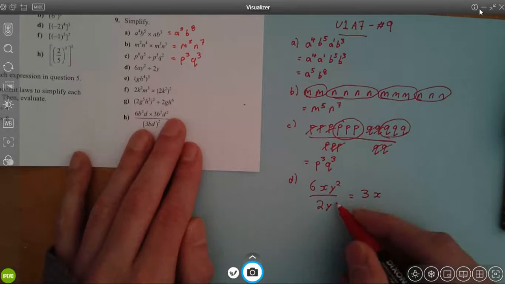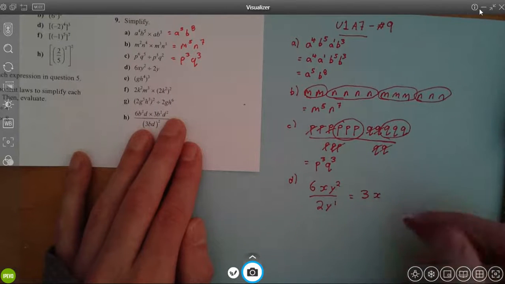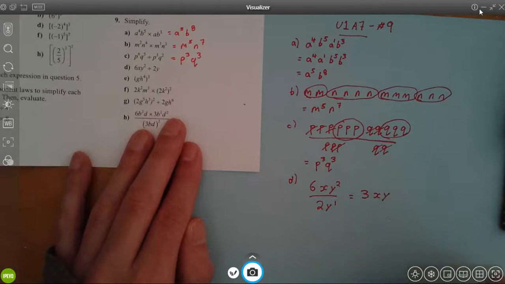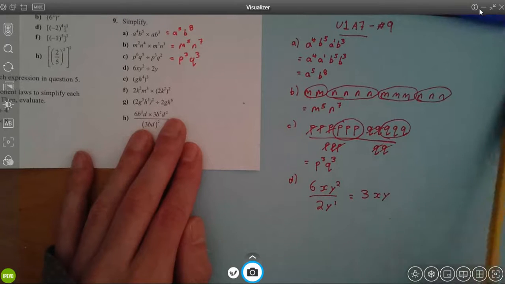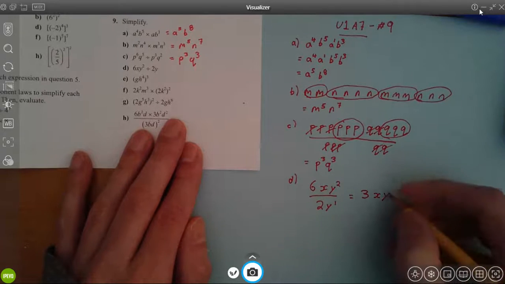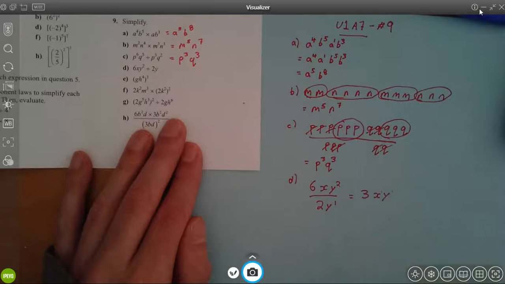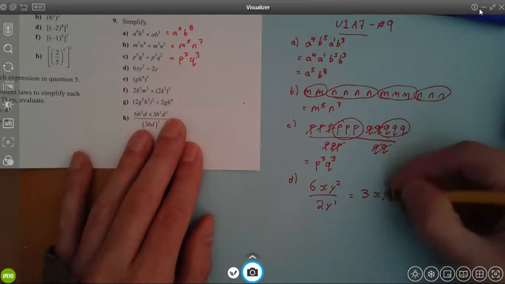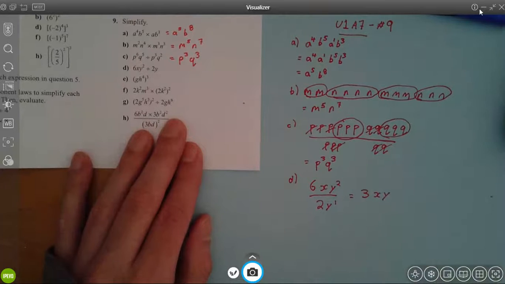And then this is really a y to the 1. Y squared divided by y. Well, same base, so I just subtract the exponent, so I'm left with y to the 1 or just y. Normally we don't write the exponents in our final answer. So if you do, I wouldn't mark it wrong, but it's a good communication habit just to write them without the exponent if the exponent is 1.